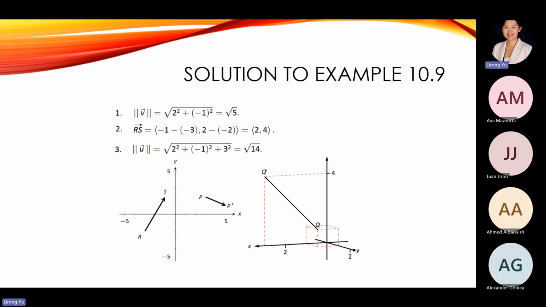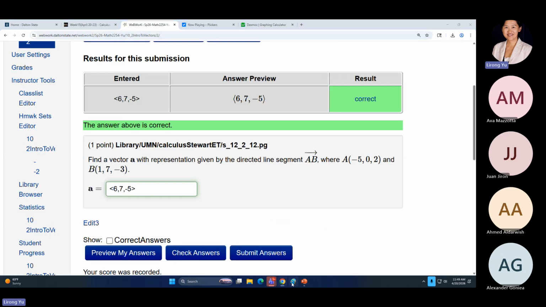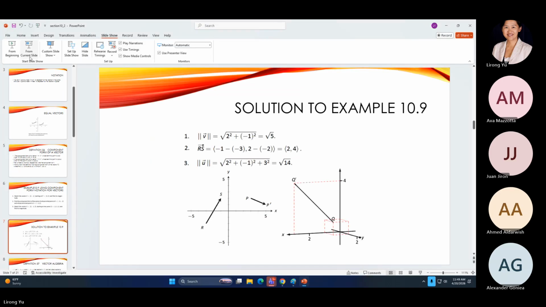You can see it starts from Q and ends at that point. I think we're not too far off, except our orientation is a little different. I have an x-axis that's slanted instead of horizontal. In this one, the picture looks like the x-axis is almost horizontal, and in our picture, we have our axis this way. I think it's pretty much the same. Yep. So that's the visualization of the vector.